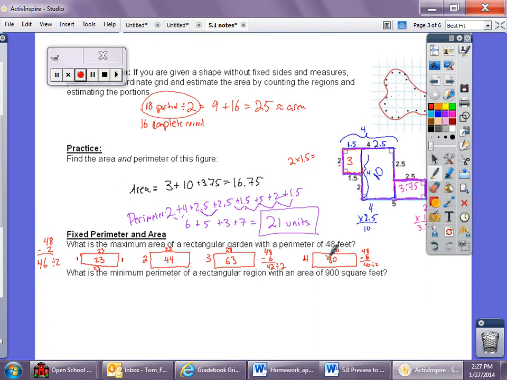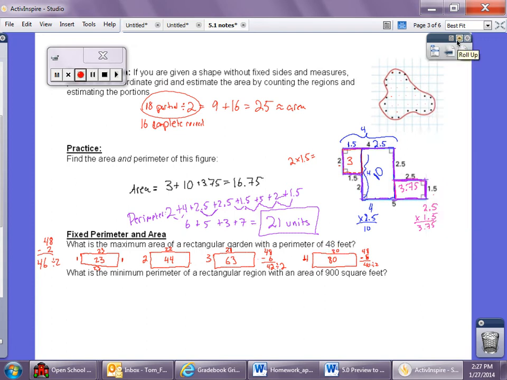We start to notice that the area is increasing as these numbers are getting closer. So when these two numbers get as close together as possible, we will have our greatest fixed area.